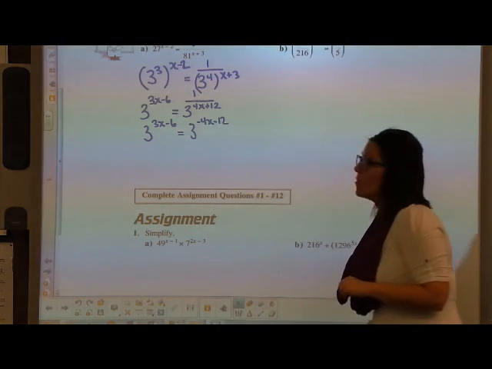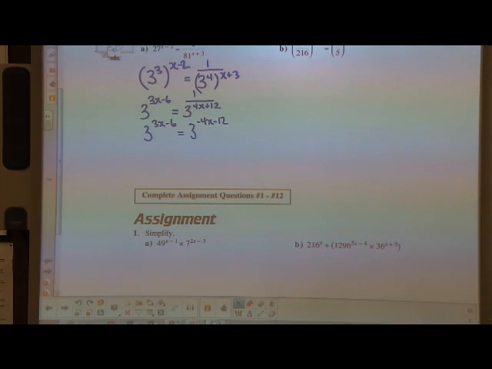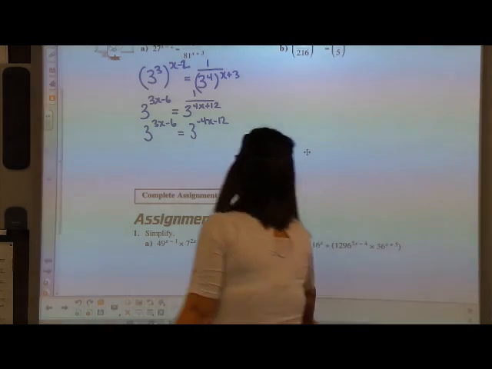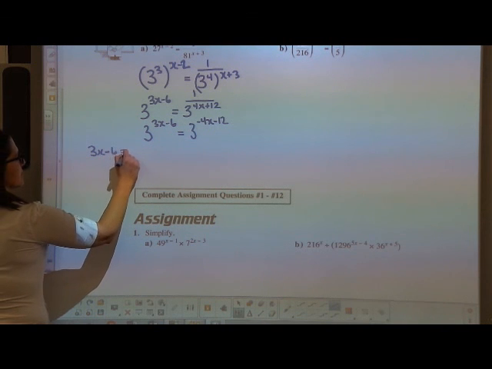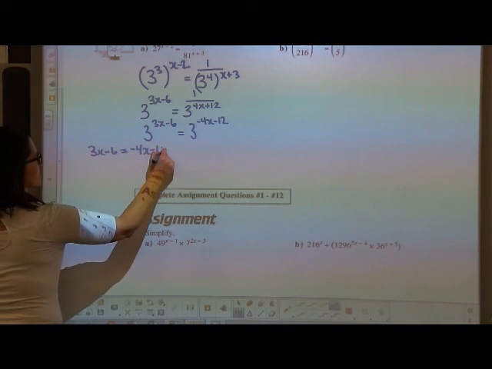So now I'm going to give you a moment and I want you to solve that. When I go to solve this, I get 3x minus 6 equals negative 4x minus 12.